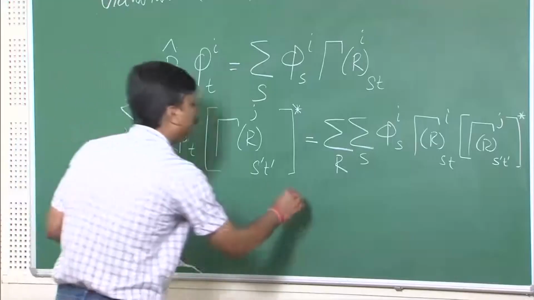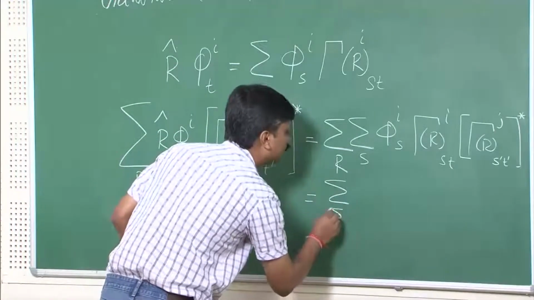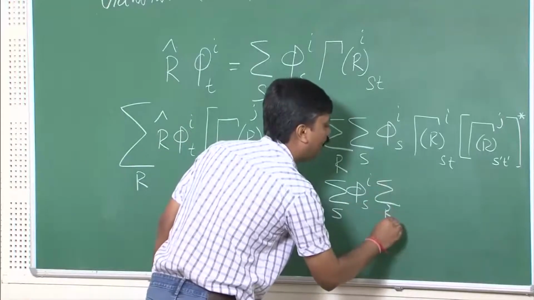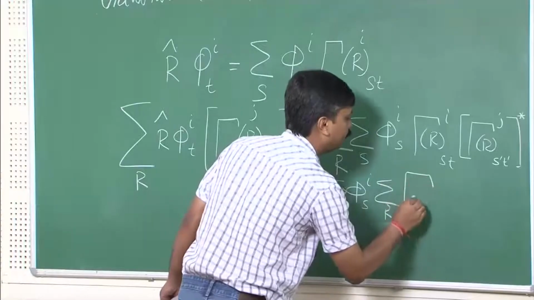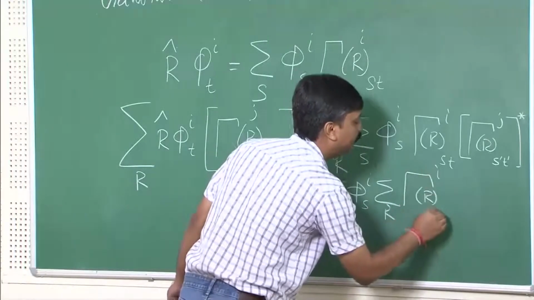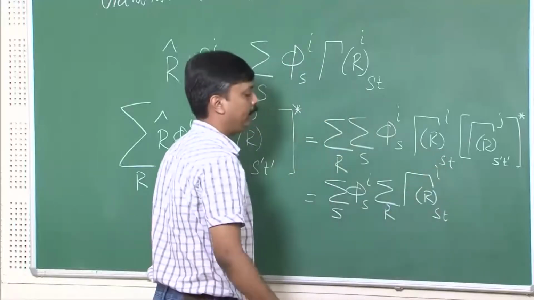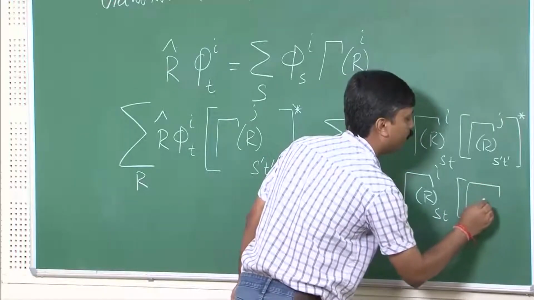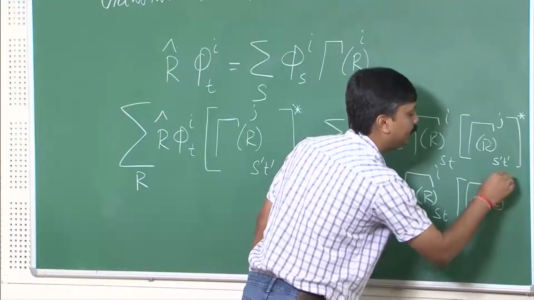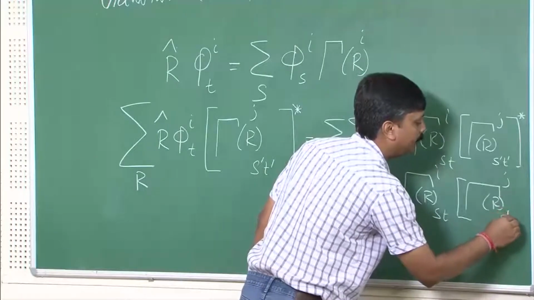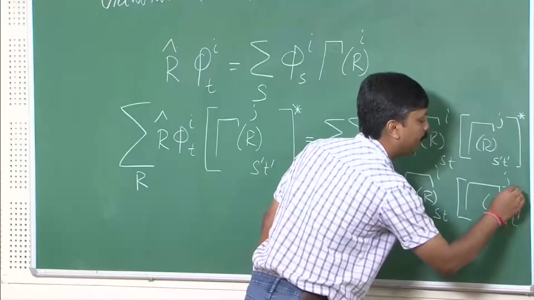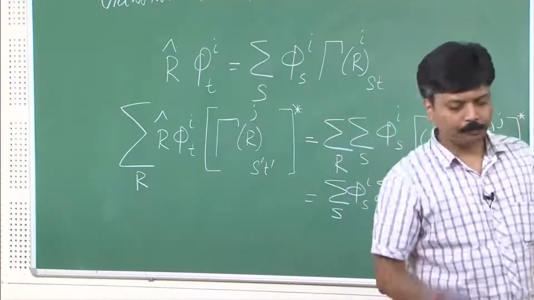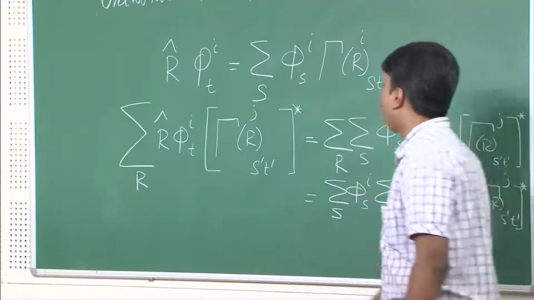I can rewrite this as summation over S phi s I and then summation over R of gamma of R for the ith irreducible representation with element st, multiplied by gamma of R for the jth irreducible representation having element s prime t prime, and take the complex conjugate of this one.